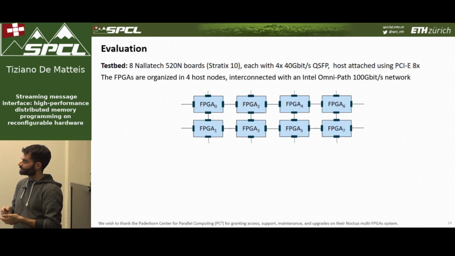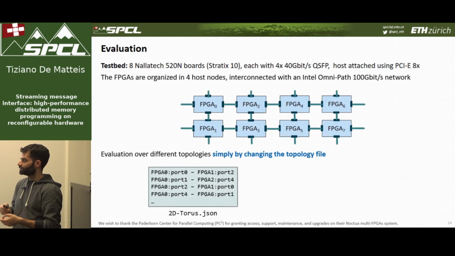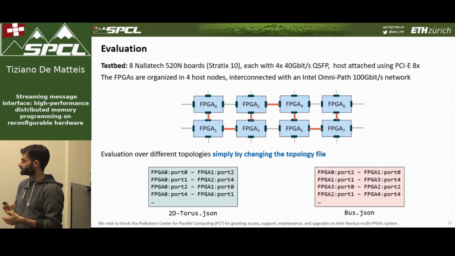The FPGAs are interconnected by using a 2D torus, and therefore we performed the evaluation considering 2 different kinds of topologies. Again, we just changed the topology file and we reused the same bitstream. So we used the 2D torus, which is the physical interconnection network, and we also considered a bus topology in order to evaluate certain performance metrics.